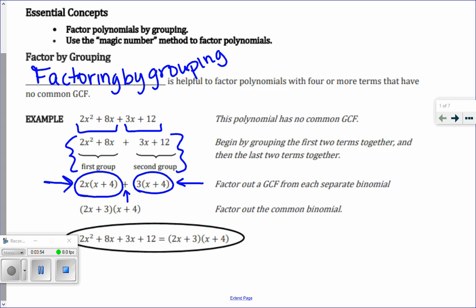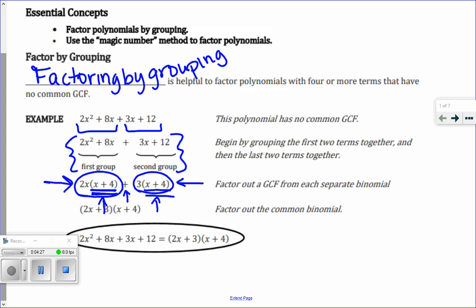Well, even though it's a little bit bigger, x plus 4 happens to be a common GCF in those 2 terms. So kind of like in the previous step when we noticed a 3 goes into 3x and into 12, and we realized there was a GCF of 3, notice that there's this GCF of x plus 4 that is present in the first term, and there's that x plus 4 factor also present in the second.